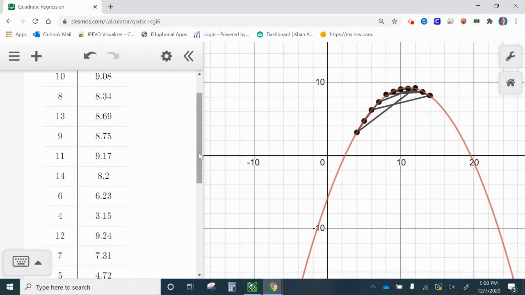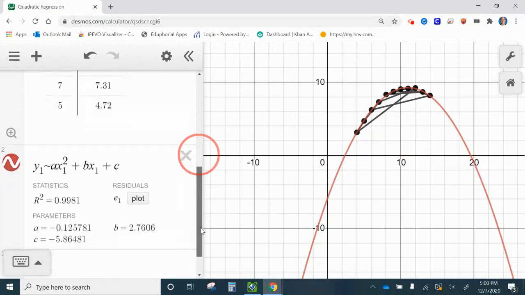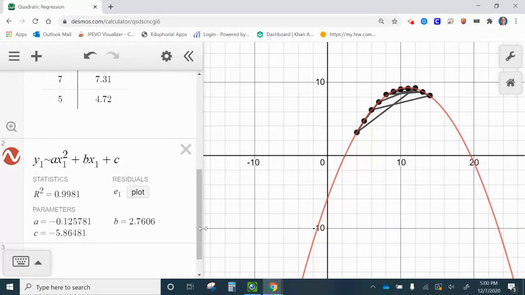See here, regression, but that's not as relevant as this right here. That's what you need. Okay, you need your A, B, and C values. Okay, so A equals negative 0.13, B equals 2.76, and C equals negative 5.86.